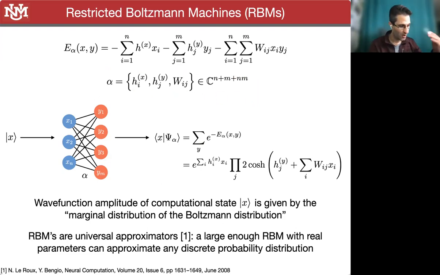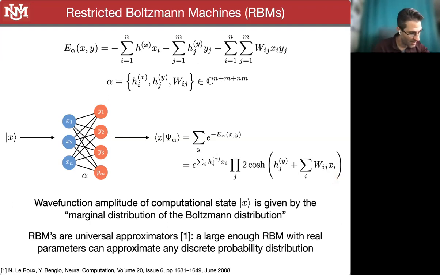Okay, so the key message here is that, right, when you define an RBM, and by that I mean you pick local fields and couplings, you've then defined a wave function, because for every possible computational basis state, you can plug that into this and output an amplitude.